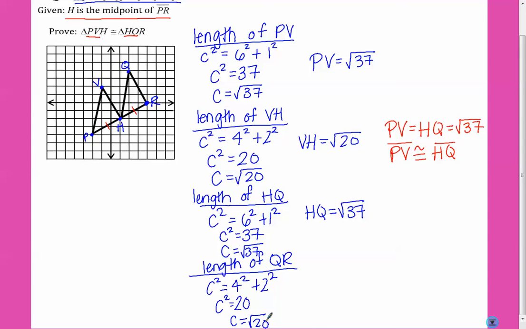In our congruence statement, VH and QR are in the same order. So we want QR to equal VH, which they did. They both equaled the square root of 20. So QR is congruent to VH.